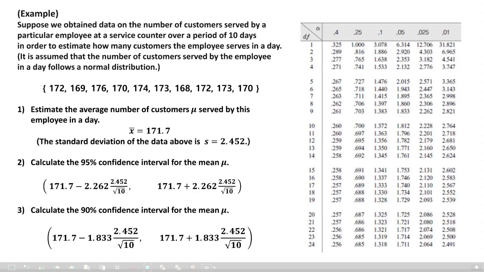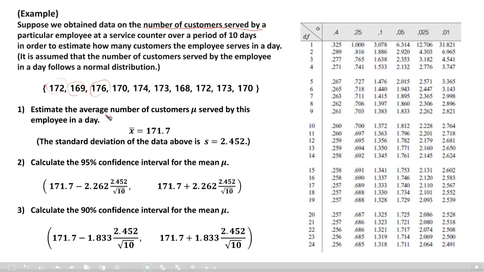Okay, let's see one simple example. Suppose there are 10 data. This data is the number of customers served by a particular employee at a service counter: 172, 169, 176, 170, and so on, customers per day.